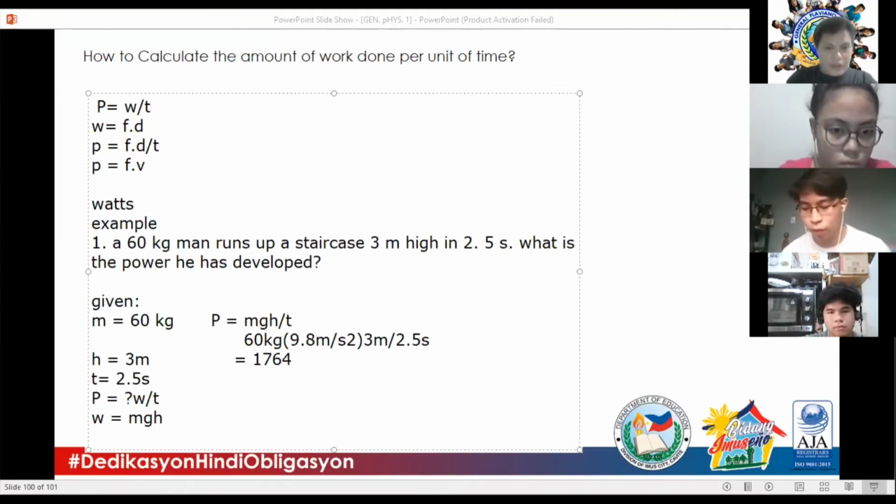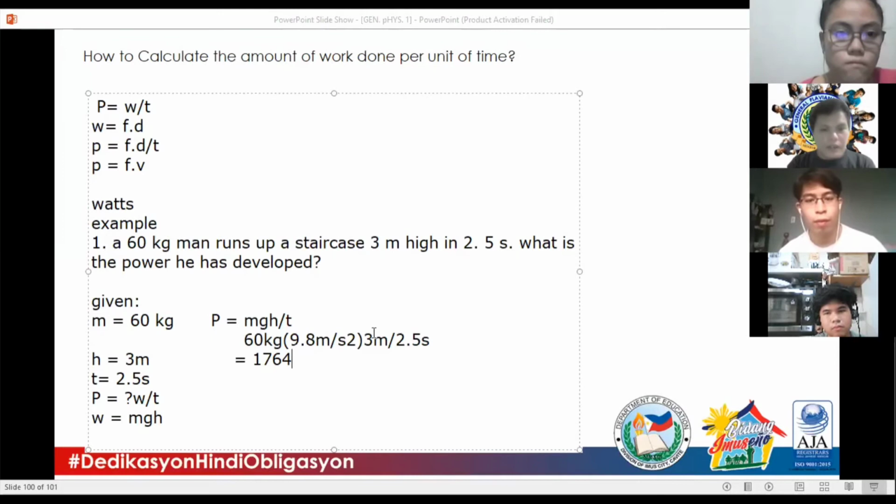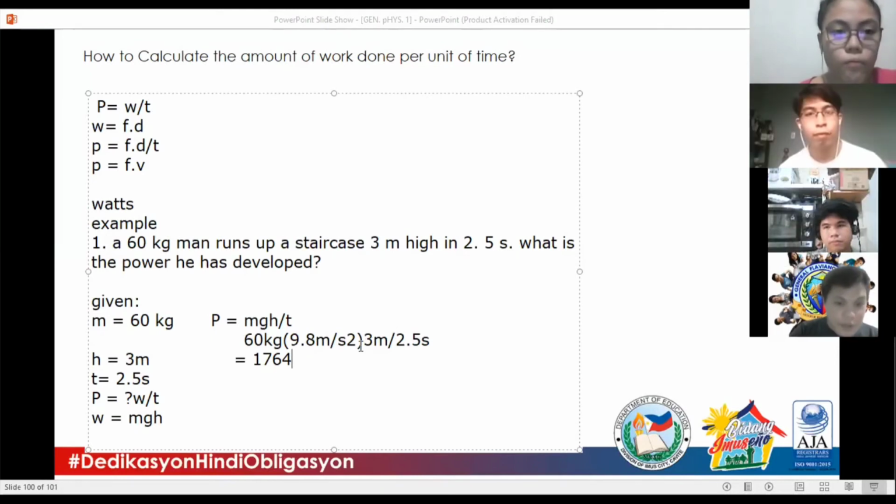1,764 kilogram meters per second squared times meter, the unit will be joule, di ba? Bakit? M times M, meter squared, di ba?